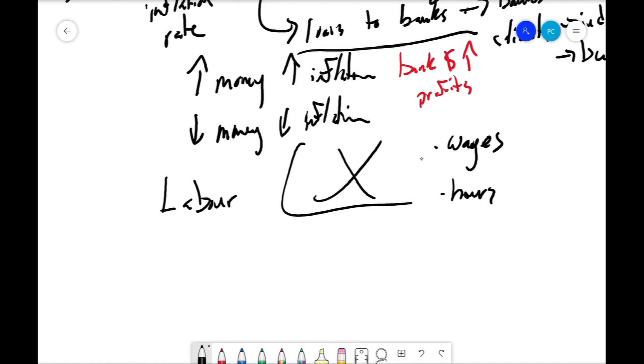So workers are supplying their labor, their hours, and the price they are demanding is the wages. Inversely, the company is offering wages, and they want a certain amount of output or hours for it. So the equilibrium is where both parties are like, yeah, okay, I will work for that. So that's the idea behind the labor market. It is very similar to the regular market for anything else.